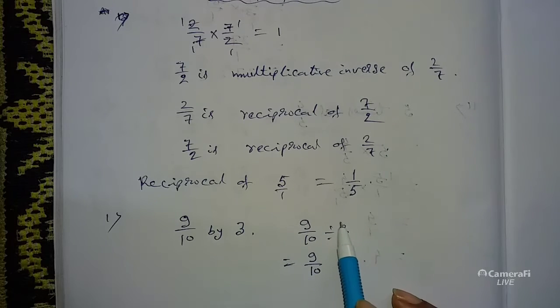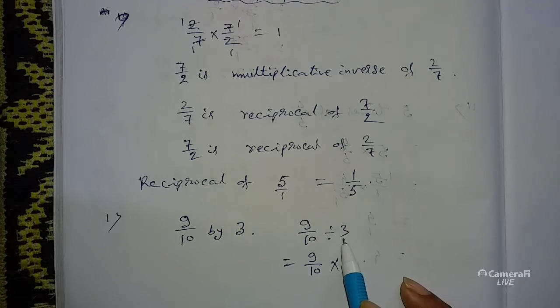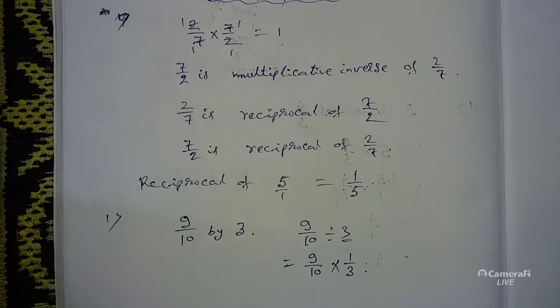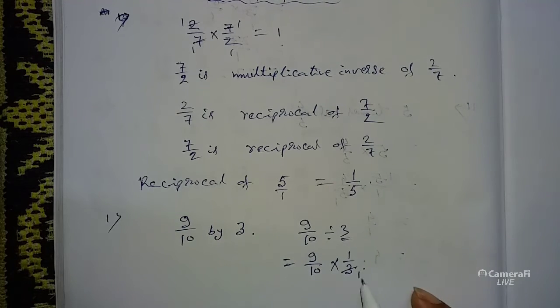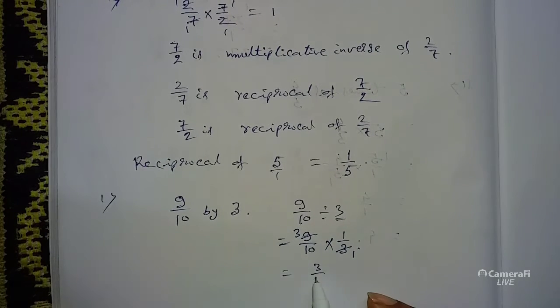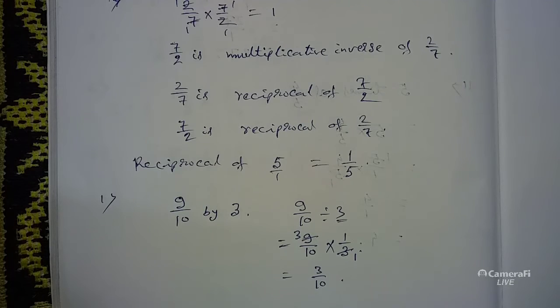Now, we can change this division problem into a multiplication problem, just taking the reciprocal of the second one. 3 is the number. What is the reciprocal of 3? 1 by 3. Now, simplify and find the result. 3 ones are 3, 3 threes are 9. So, we get the result 3 by 10. This becomes the answer.